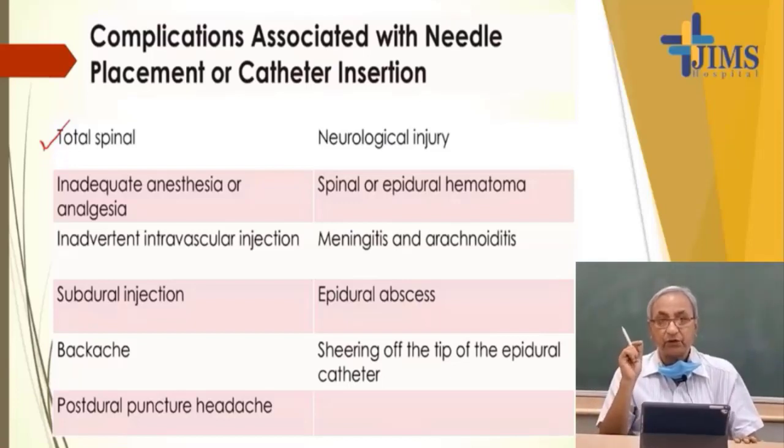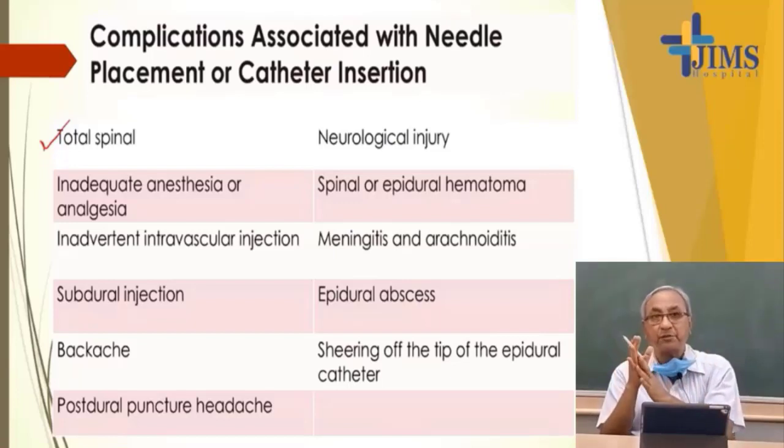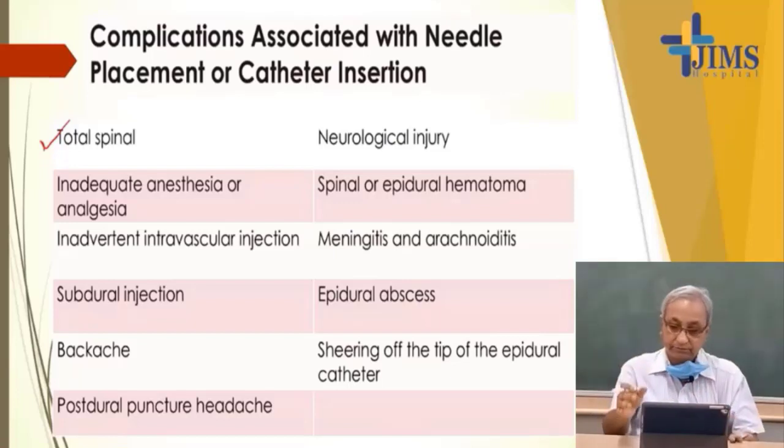Once we put in the epidural catheter, while pulling it out, a part may remain inside, shearing. That part remains inside the epidural space and, because it is a foreign body, may later on lead to complications like abscess and foreign body pain.